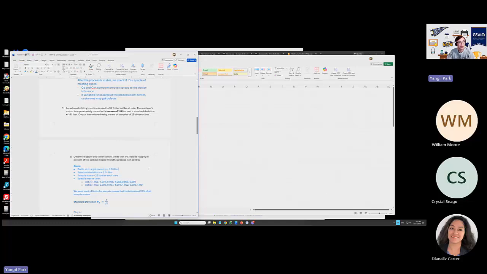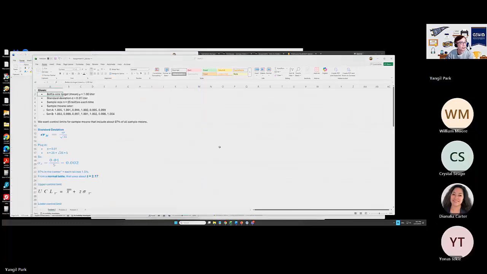Meaning we're trying to find the upper and lower limits where all random samples are plotted that can be controlled. So that's something we want to determine: the upper level and lower level.